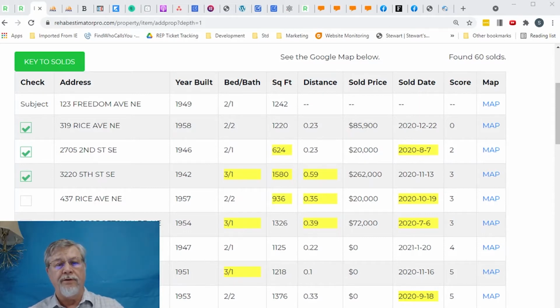So what you're going to do is have a selection criteria that's going to eliminate properties. If you think about gathering a big long list, in this case we actually gathered 60 properties around this. We filtered by a 1-mile radius and a 1-year time frame. Normally you're going to use a tighter criteria than that, but because it's automated, I wanted to gather all this data in one shot.